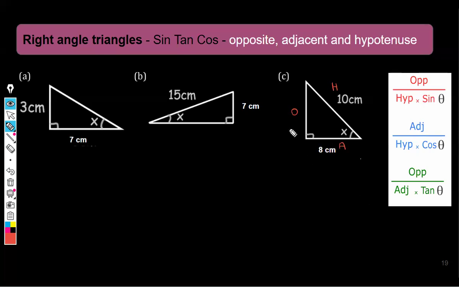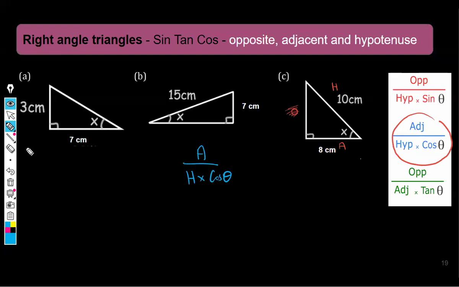So I think we realize the opposite has nothing to do with this question because they gave us information on the hypotenuse and adjacent. So you need the one with H and A in it. That's cosine. So we're going to write down the formula here. I'll use blue, right? Adjacent over hypotenuse multiplied by cosine theta.